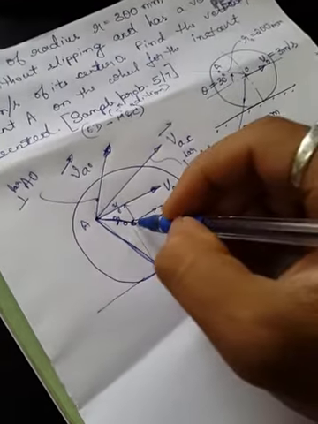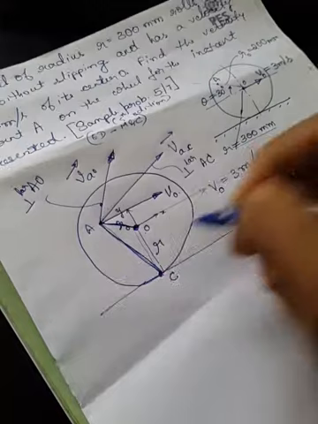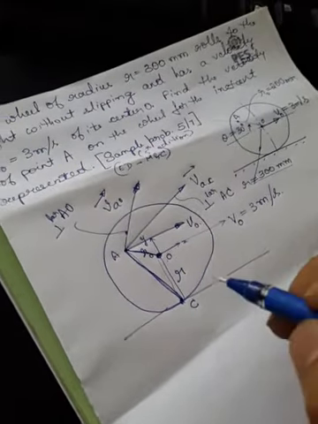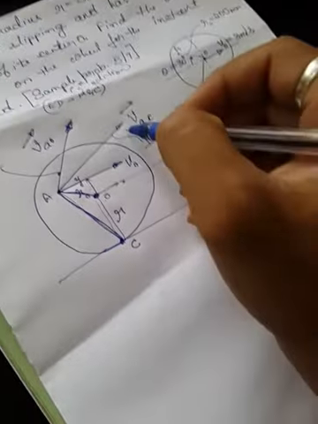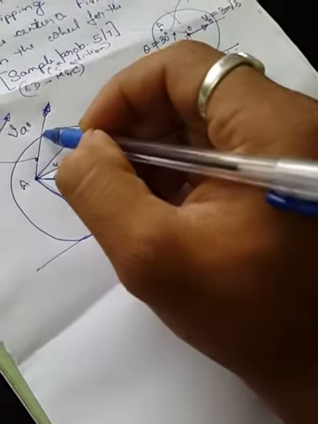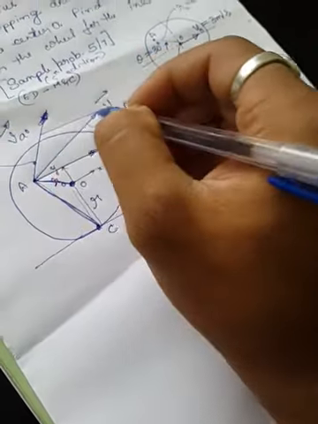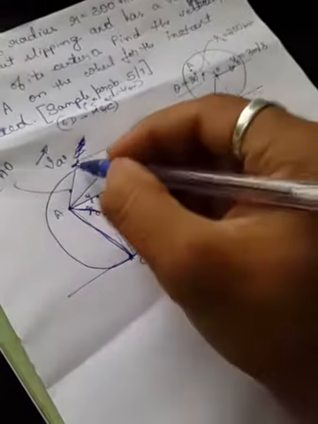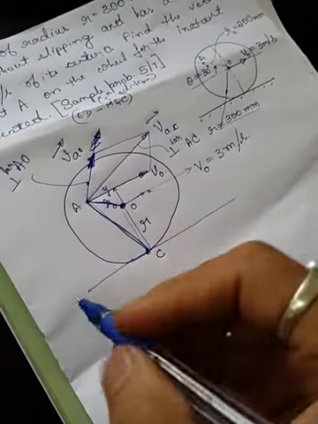Now we know that this is the radius of the wheel. First we complete this parallelogram, we complete that particular parallelogram out of this, and now we write the velocity vector equation.